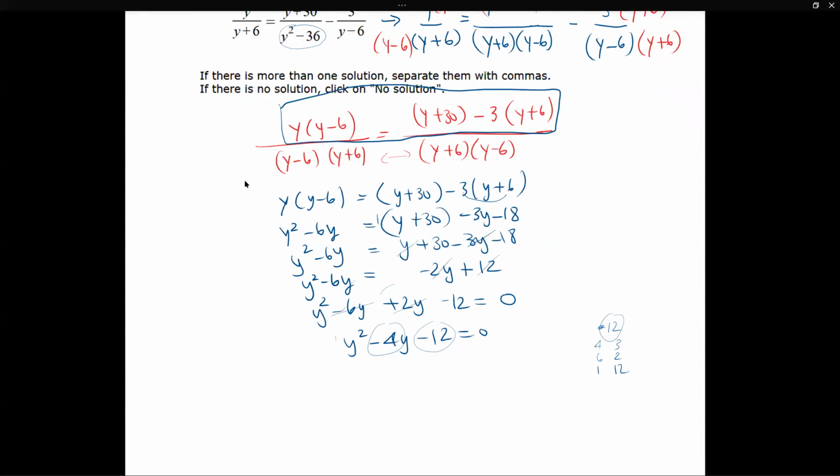But their addition is 4, or their difference is 4. This doesn't have a 4. It's either a 7 if you add, or a 1 if you subtract, right? These have a 4 if you subtract. These don't. So now two numbers you multiply, you get negative 12. So one of them needs to be negative. Since this middle is negative, means the big one is negative. So it's negative 6.